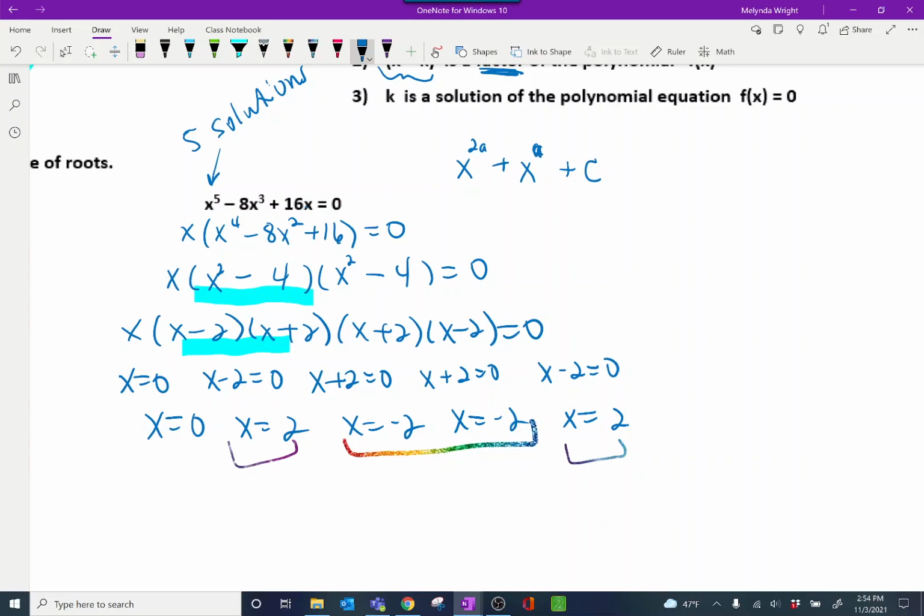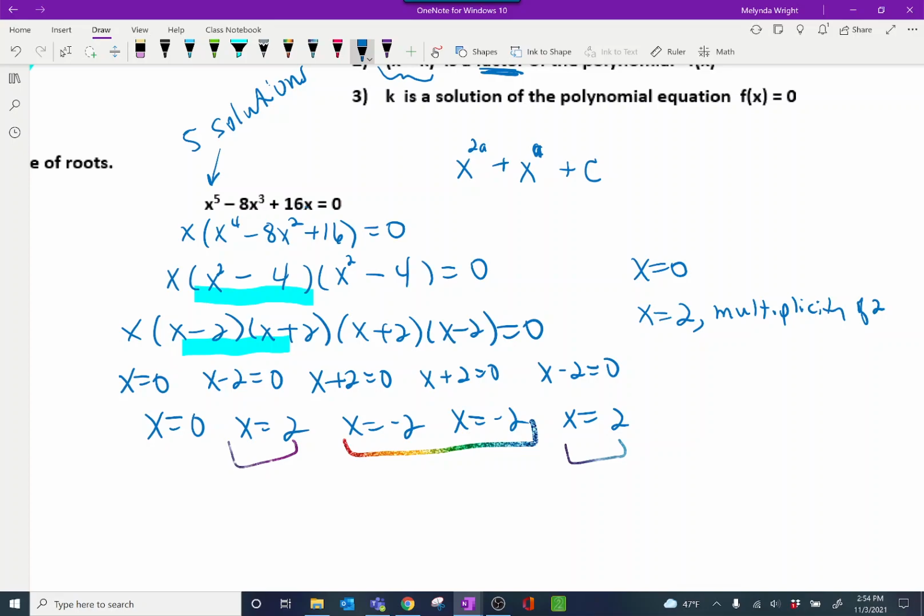So in this particular case, we have one solution, x equals 0. I have a solution of x equals 2 with multiplicity of 2, which means I have that same factor twice. Multiplicity just means how many of them do you have.